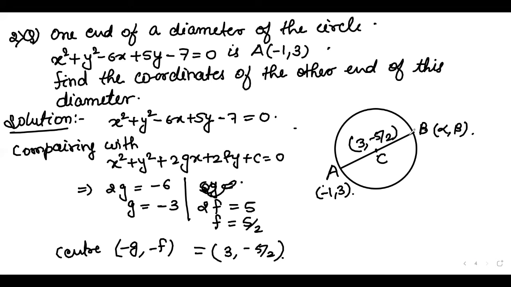Now AB is a diameter and C is the center. So C is the midpoint of the straight line AB, of this diameter AB. So I can use the midpoint formula.